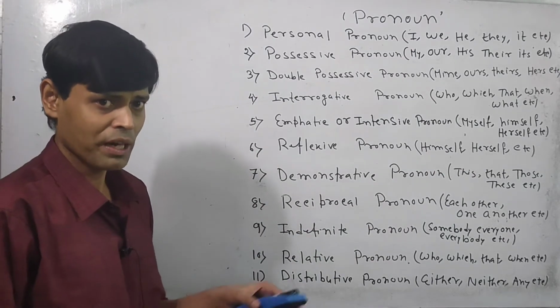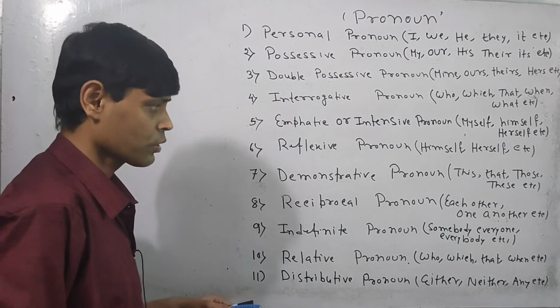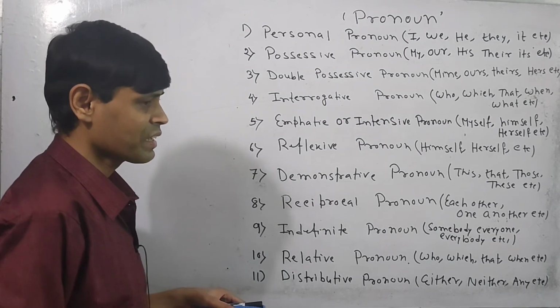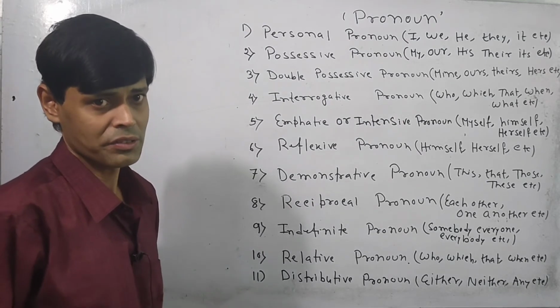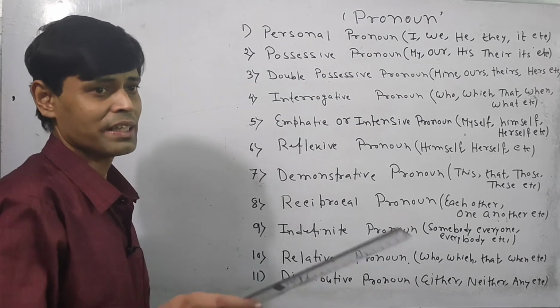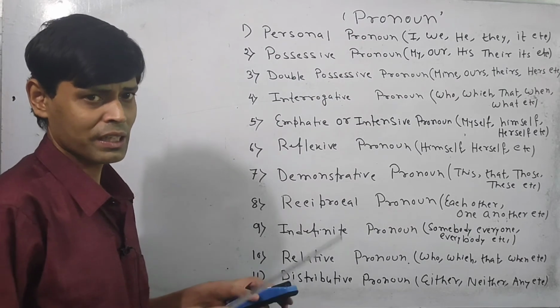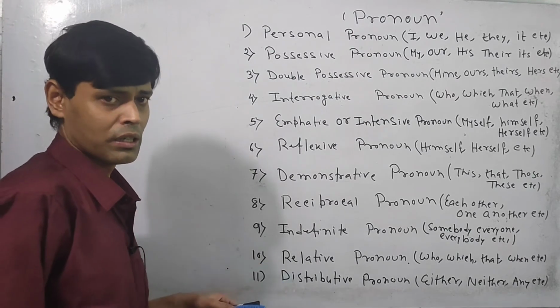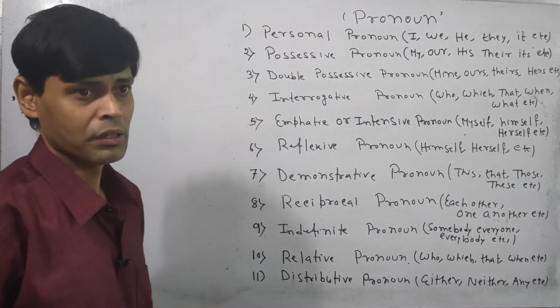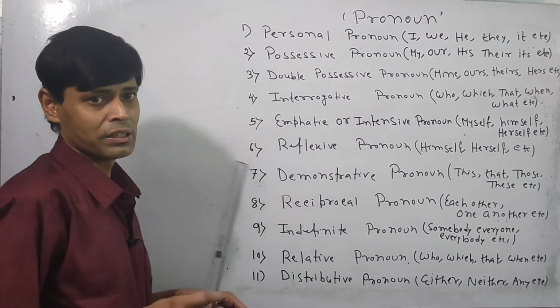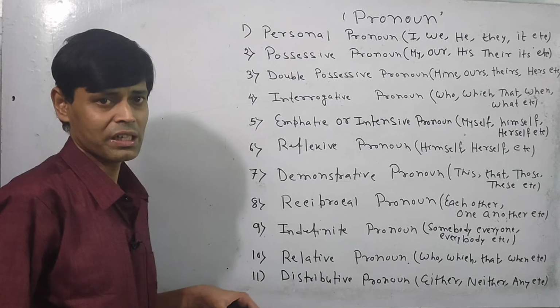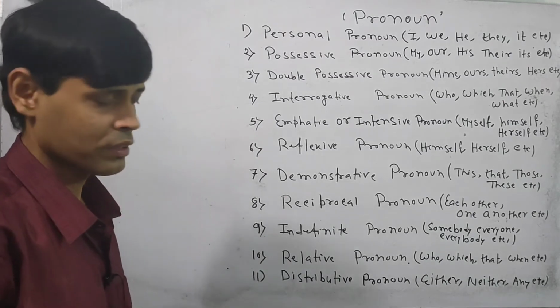This indicates some kind of nearness. On the other hand, that indicates a little distance. Suppose there is that chair. That means there is some distance between me and the chair. But if I say this is the chair, there is no distance between the chair and me. Something like that.